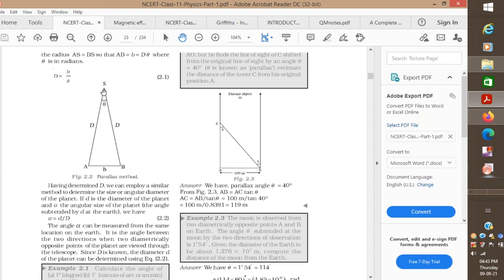Look, this distance, AS or BS, has been taken as the perpendicular distance. Why? Because this angle is thought to be very small. I'll copy this figure from your book into my presentation.